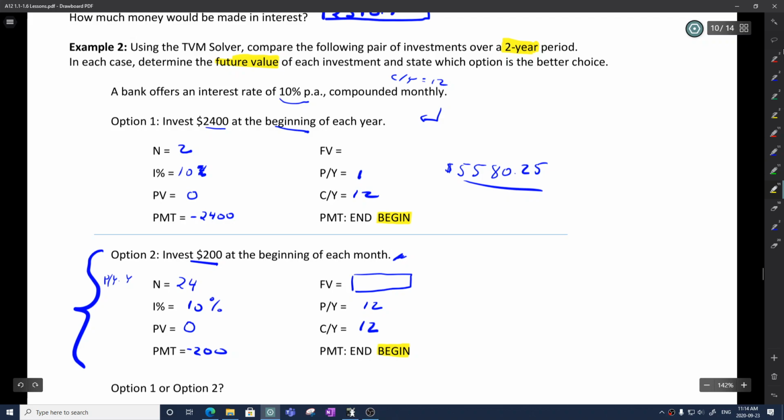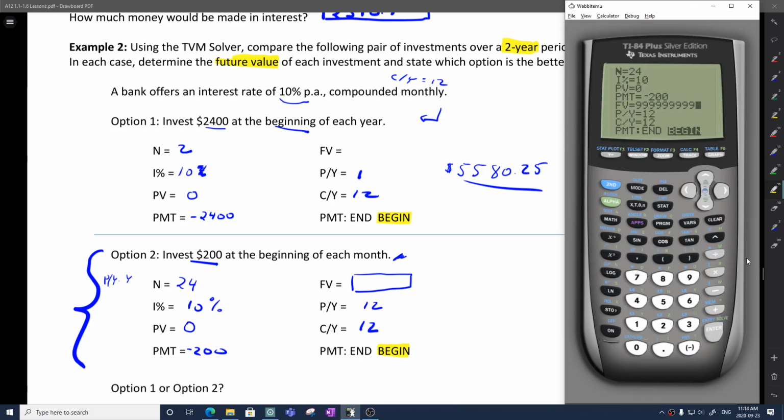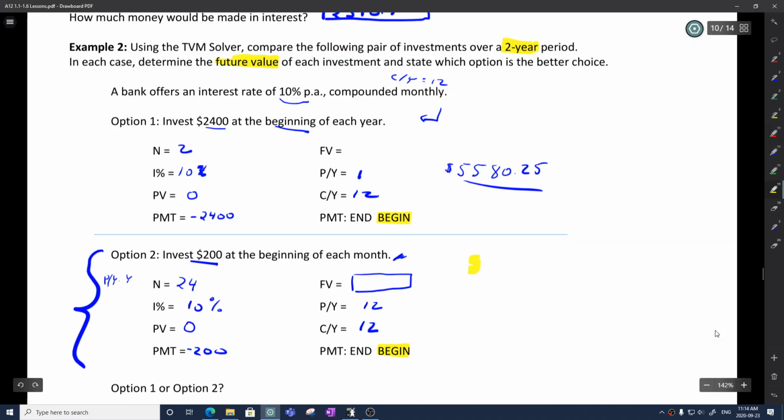Let's see where we stand at the end of this. All right, I have all my inputs into the calculator. The next thing I'm going to do is calculate my future value, and what I get is $5,333.46.